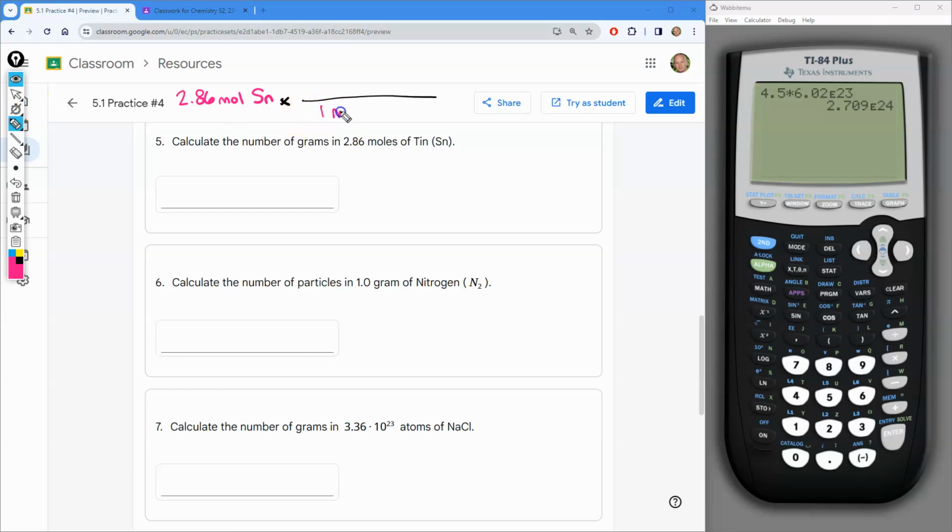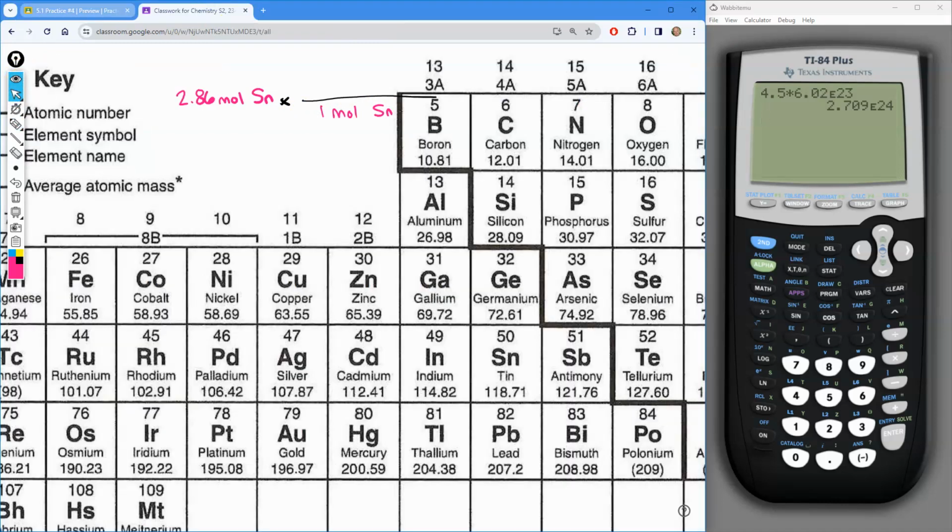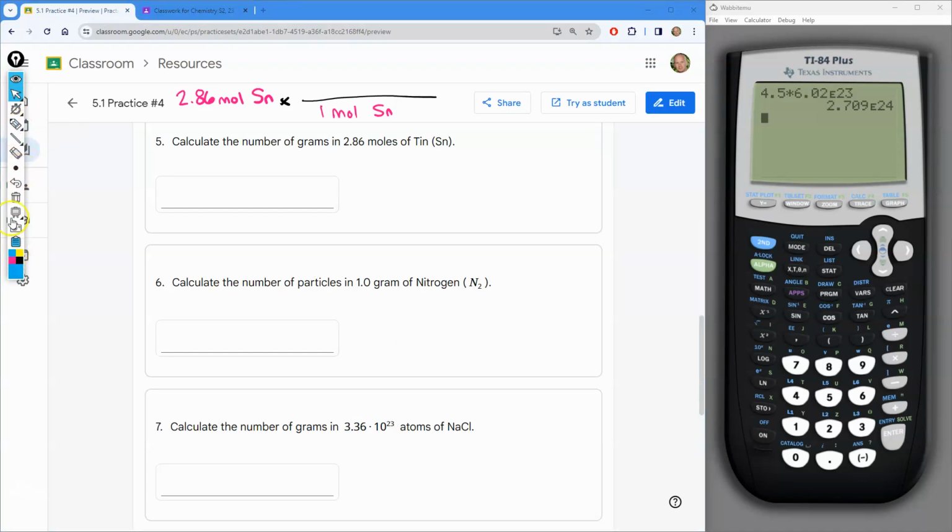So for every 1 mole of tin, our molar mass was 118.71 grams of tin. So these problems kind of correct themselves because when you go to cancel out the units, they should be the same. So if I had written my grams down here like I was about to, when I went to cancel my units, I would have noticed that they weren't the same, and I would have made the correction.